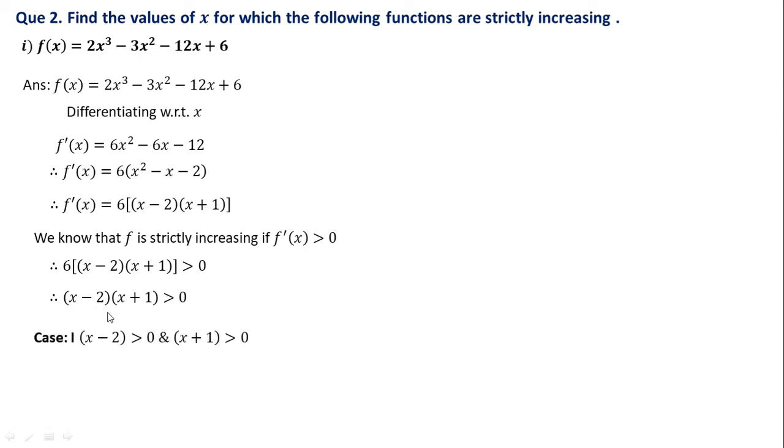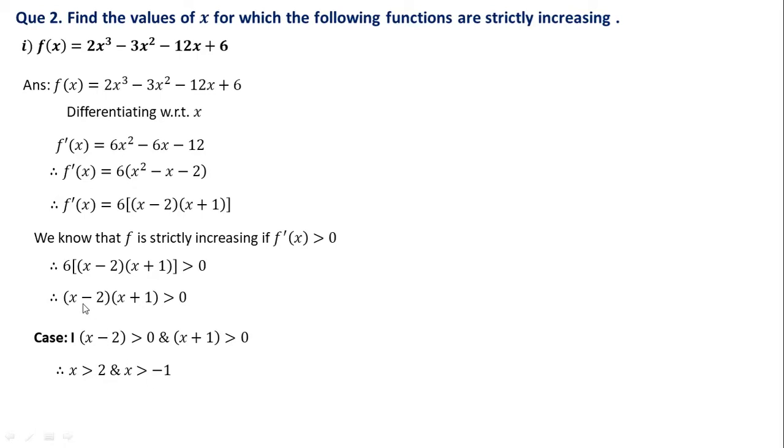So we will consider case number 1: if you want the product of two numbers to be positive, or greater than 0, then we have to consider x minus 2 greater than 0 as well as x plus 1 greater than 0. That implies x is greater than 2 and x is greater than minus 1.